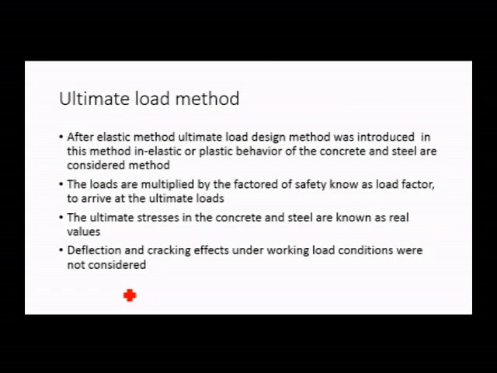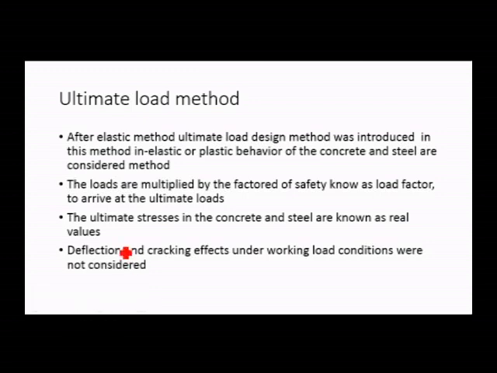In this method, inelastic or plastic behavior of the concrete and steel is considered. What happens? Load factors are applied to working load to estimate the ultimate load, and factor of safety is applied to characteristic strength to estimate the design strength.